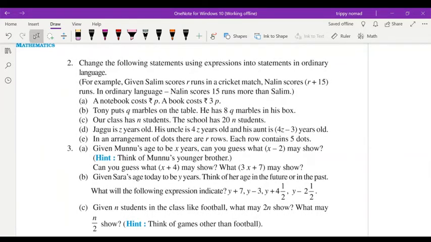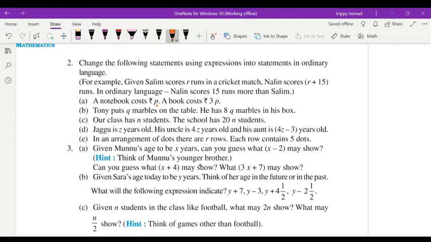Question number 2. Change the following statement using the expression into statements in ordinary language. For example, given Salim scores R runs in a cricket match, Nalin scores R plus 15 runs. In ordinary language, Nalin scores 15 runs more than Salim. This is the way. So, first, a notebook costs rupees P and a book costs rupees 3p.